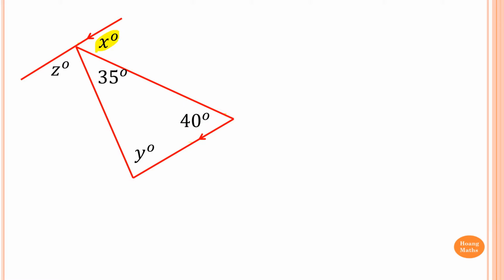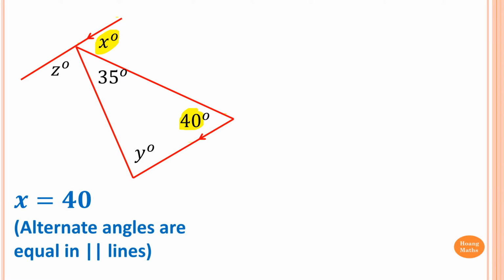So X is 40, and the reason is alternate angles are equal in parallel lines.